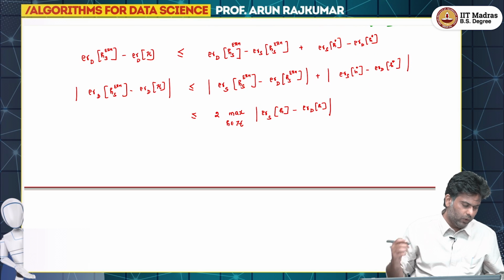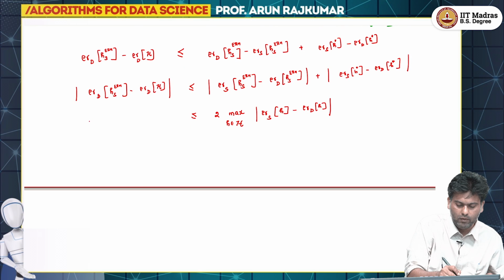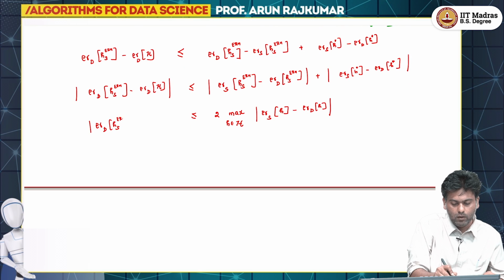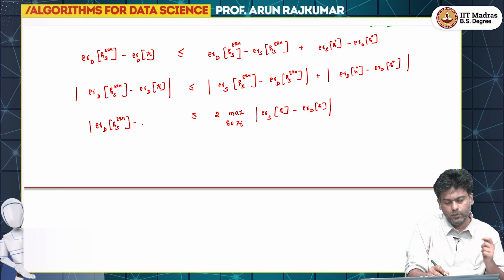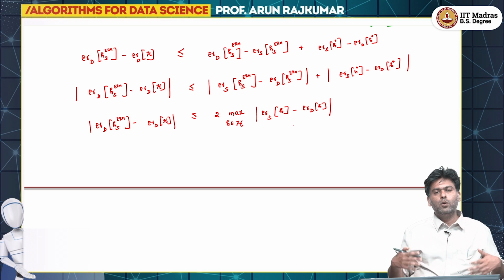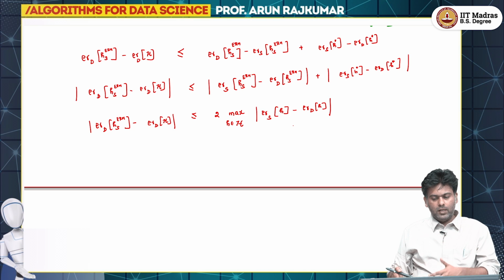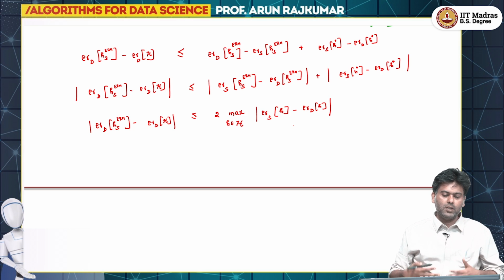Now, what have I said? I have said that the absolute difference between what I need, which is the test error of my ERM and the best possible test error, is at most twice the absolute difference between the test and the train error of any fixed classifier in my hypothesis class.